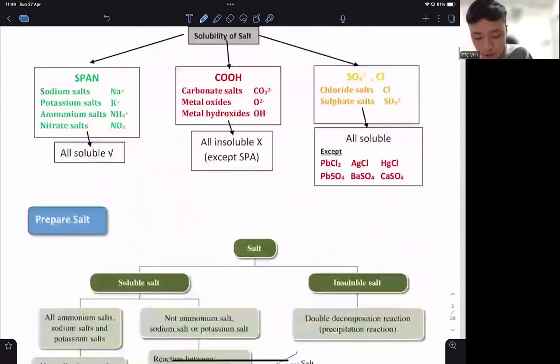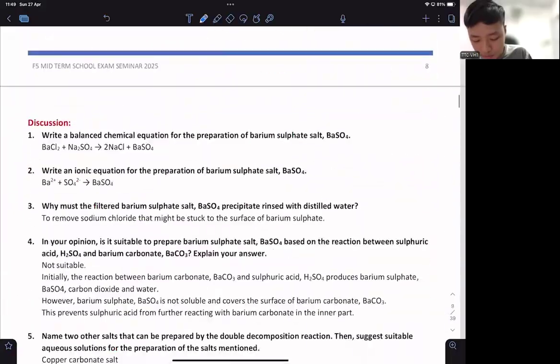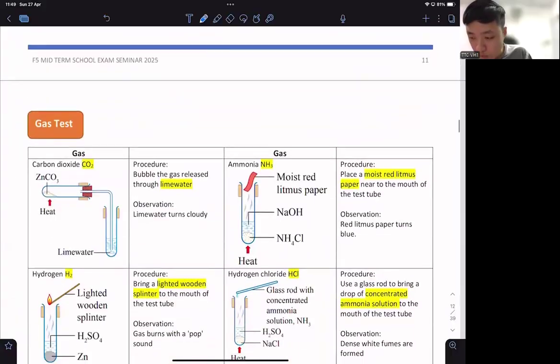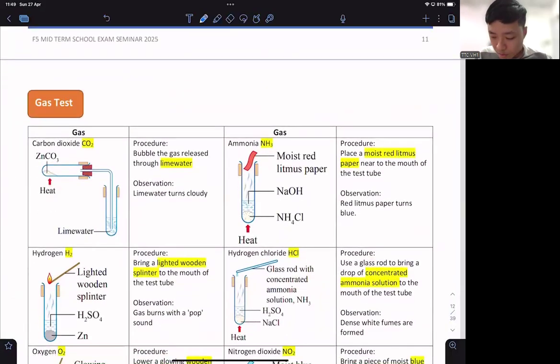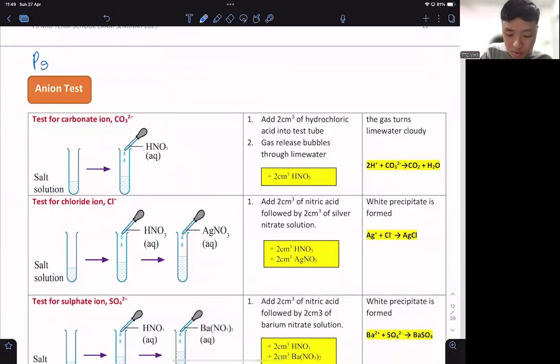Okay, go back to the notes page. Page 12 and page 13. The anion test and cation test, I have to explain a bit.